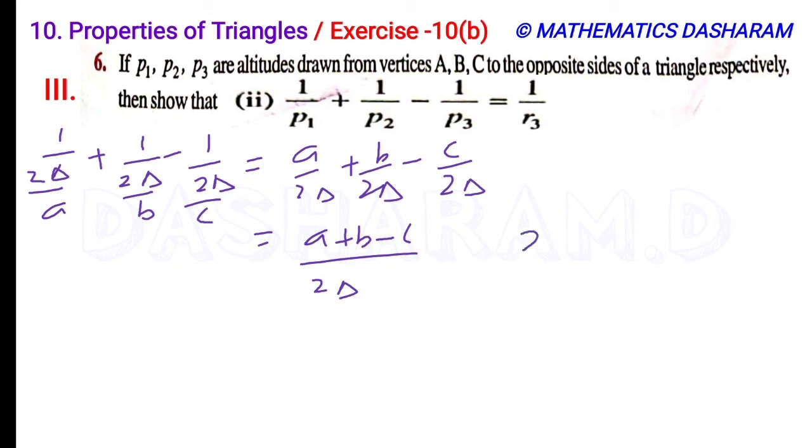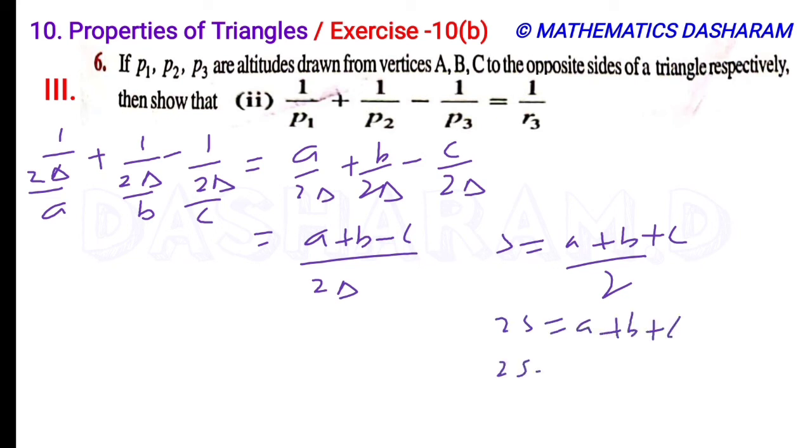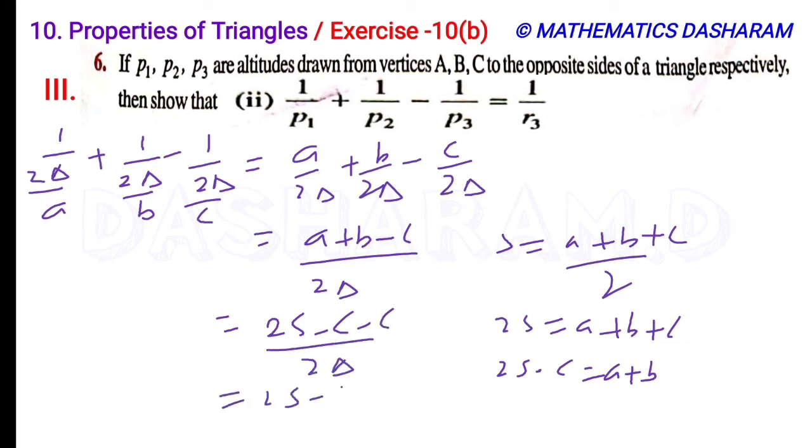So we have a formula, that is s equals a plus b plus c divided by 2. 2 into s equals a plus b plus c. So 2s minus c equals a plus b. So let's substitute this value: 2s minus c divided by 2 delta, 2s minus 2c divided by 2 delta.